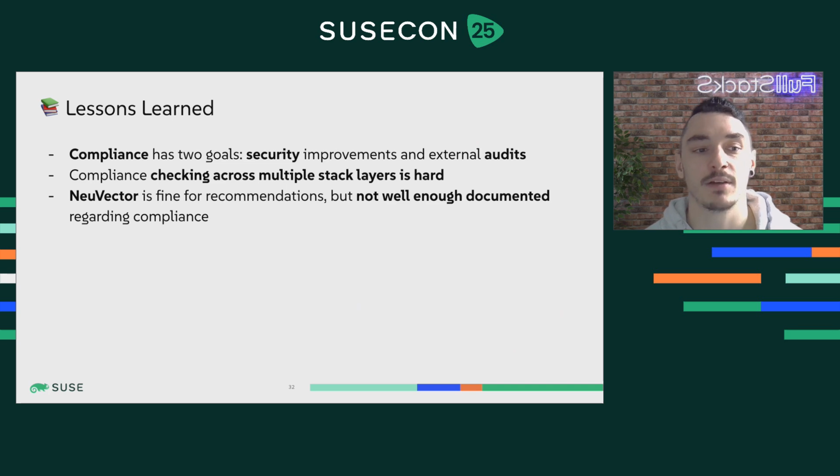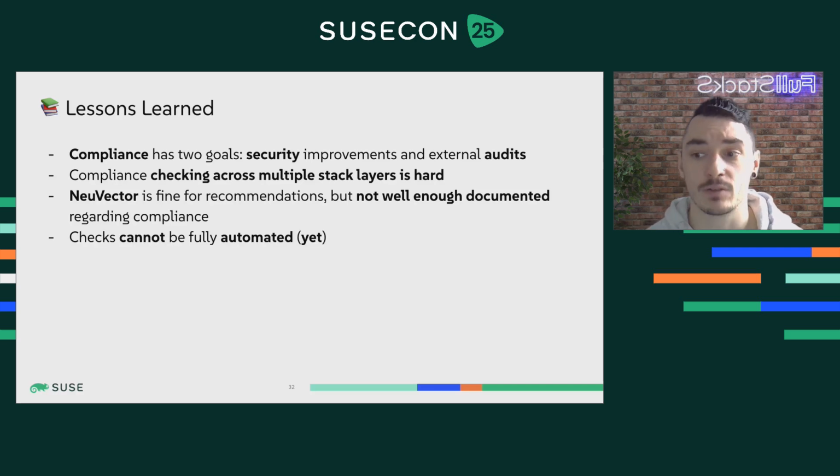NeuVector is definitely a fine recommendation, but from our point of view, it's not well enough documented to also be used for external reports, if you will. So it's definitely good for indications. It's a great tool for everything related to security, but for scanning compliance and generating reliable and bulletproof reports, it's probably not the best tool.